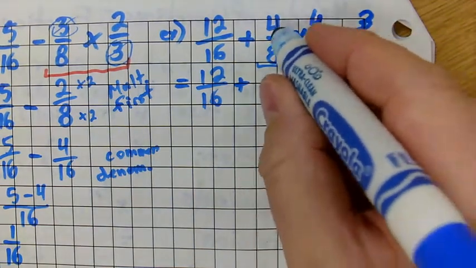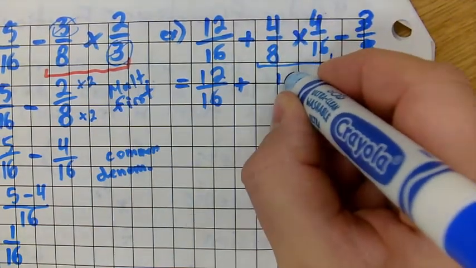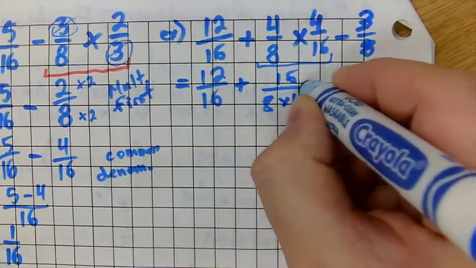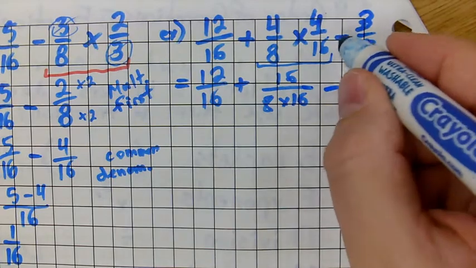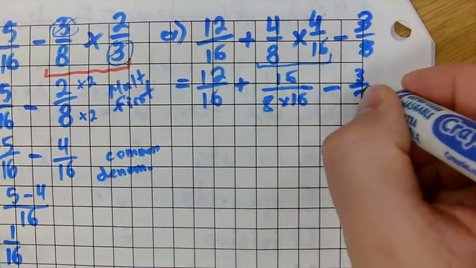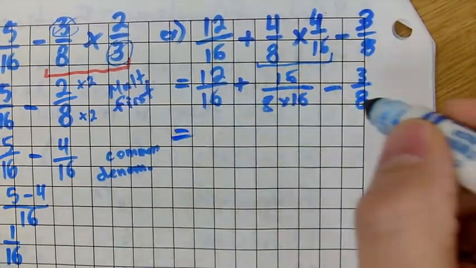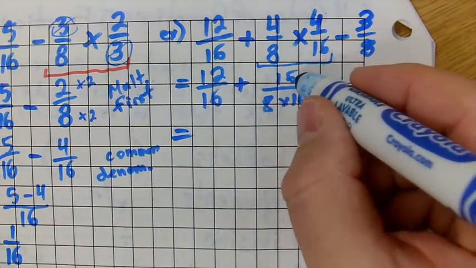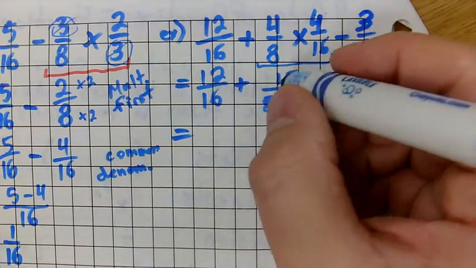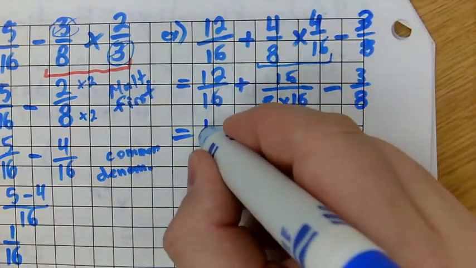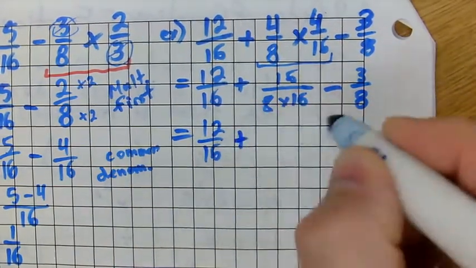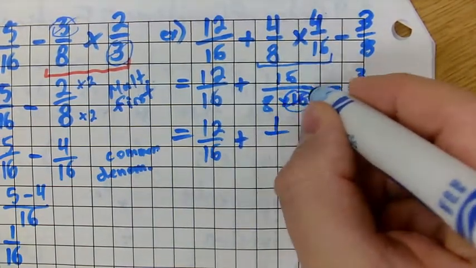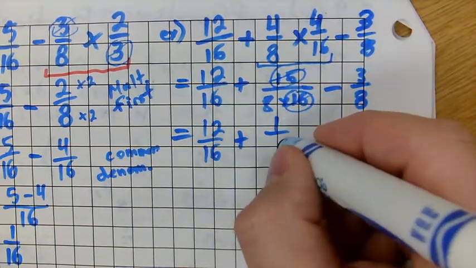So we need to go 4 times 4 is 16. 8 times 16 goes on the bottom. And then what's outside here, we just leave as is, 3 over 8. Now looking here, 16 can cancel out with 16. And remember, when you cancel out and there's nothing left, there's actually a 1 there. Don't forget about that. So this is 12/16. We're still working on this multiplication here. 12/16 and 1 over, that cancels, and we're left with 1 over 8.